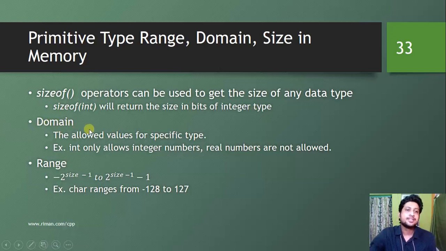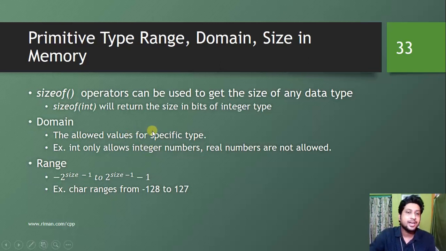So what is a domain? Domain is the allowable values for some type. Like int only allows integer numbers, the whole numbers. Real numbers are not allowed. Similarly, float allows any real number to be stored. Also, the domain actually depends on the size, or the number of bits, used to represent that particular number.